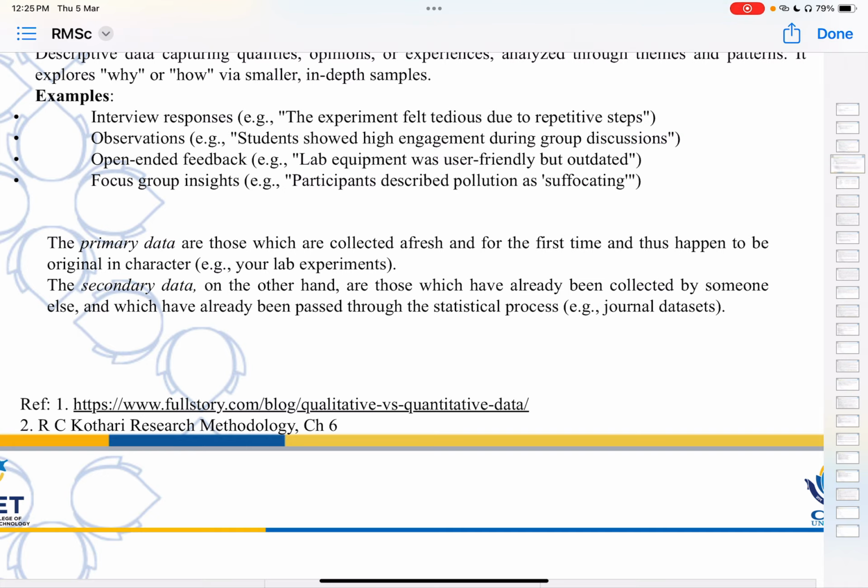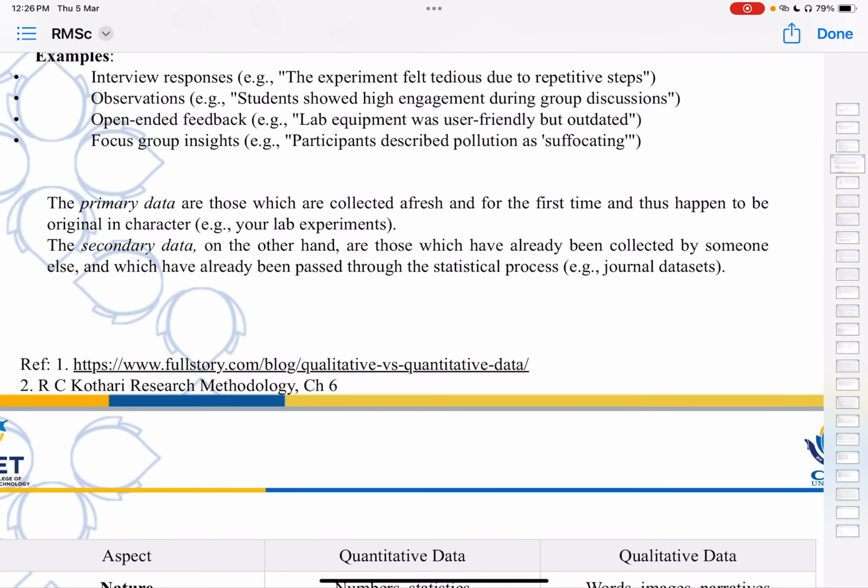The secondary data, on the other hand, are those which have already been collected by someone else, and which have already been through the statistical process. So when we consider some journal data sets, those data are known as secondary data.